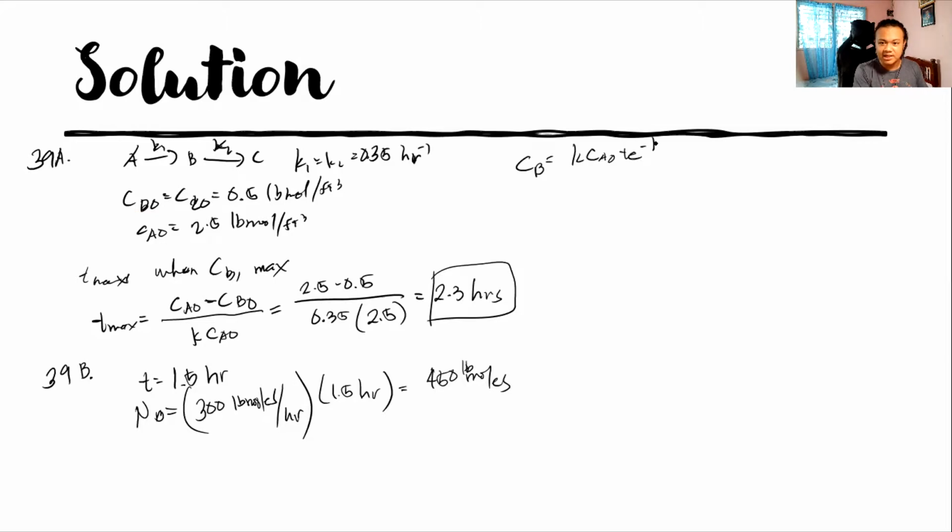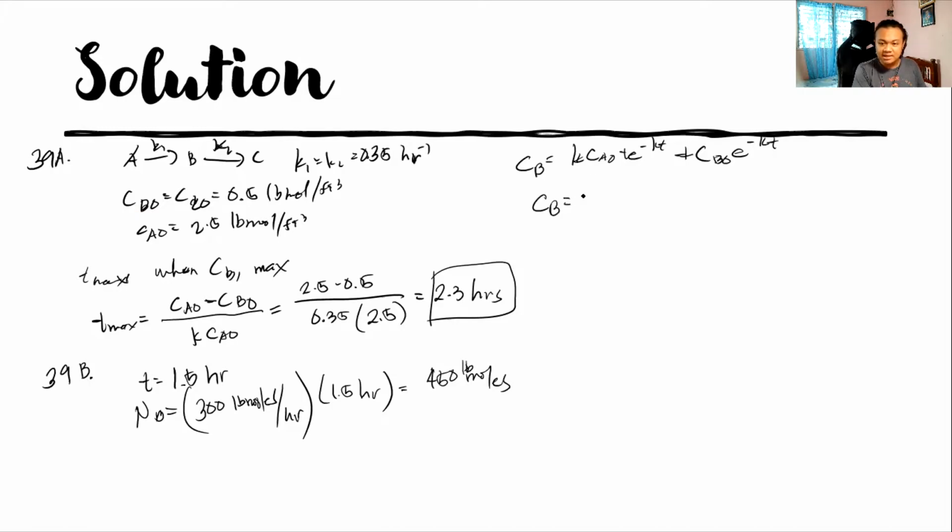I hope dili ni siya mogawas sa board exam because I really can't memorize this equation. I don't know also how to derive that because it's the first time I've seen it, and it really took me a long time to solve this because I did not know of this formula, but they gave it, so let's use it.